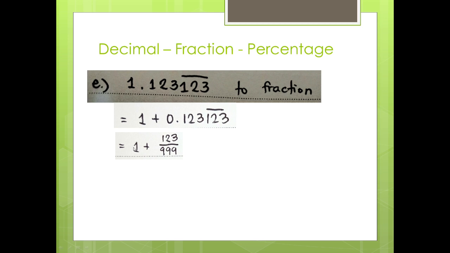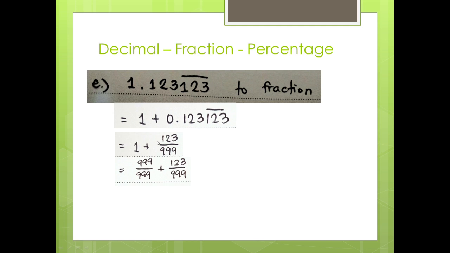So the 1 is still a whole number plus, since the repeated digits are 1, 2, 3, we have here 123 divided by 999, corresponding to the number of digits. And then simplify.